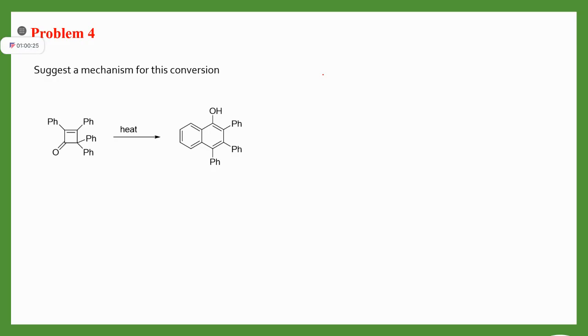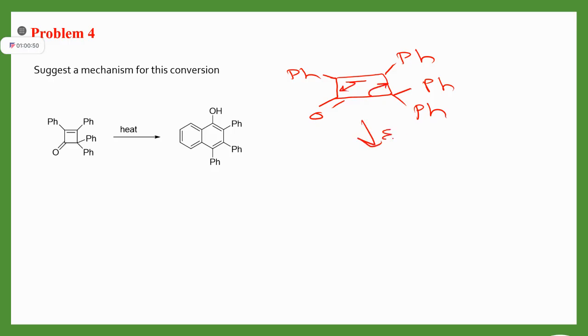So let me start solving for you. This is your Ph. This is your Ph. Double bond, OPh, Ph. Correct? So first it will undergo electrocyclic ring opening.